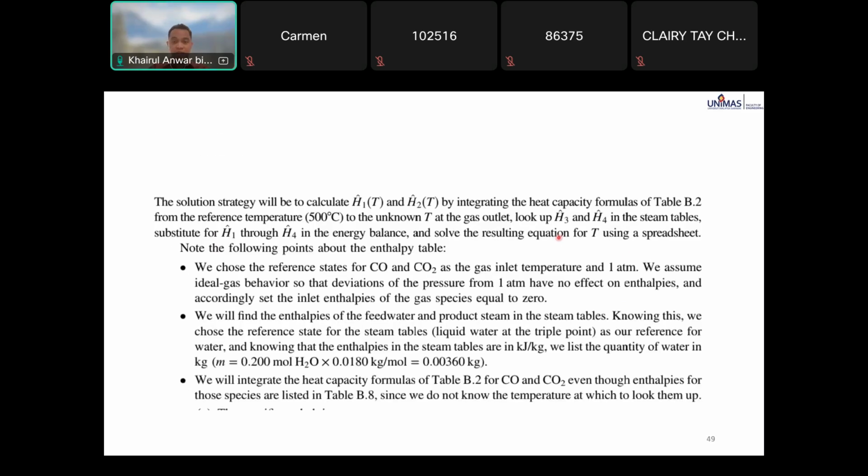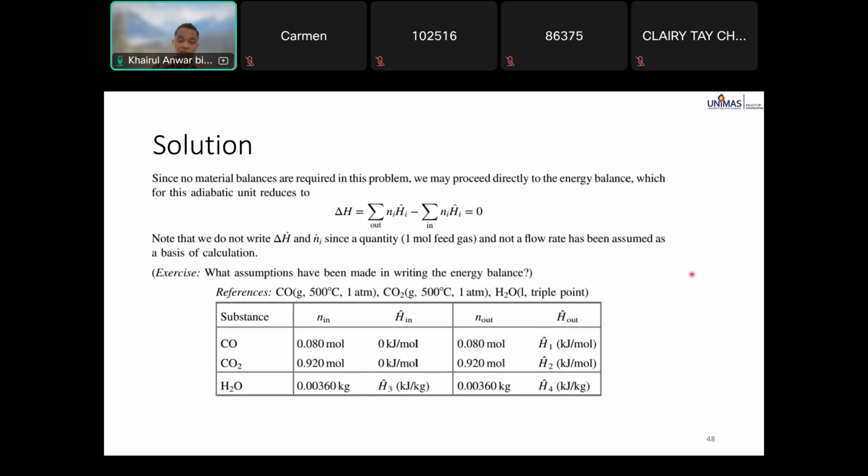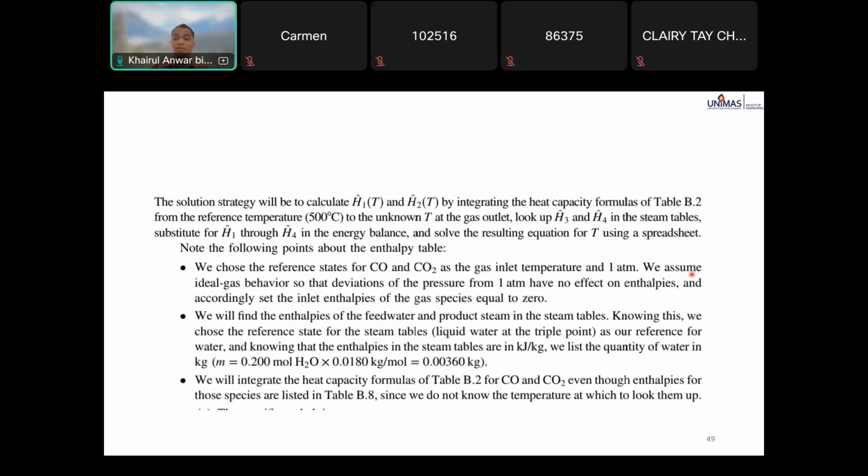H3 and H4 are for water, which can be referred to a steam table. So in order to use the steam table, the reference condition must be at the triple point.